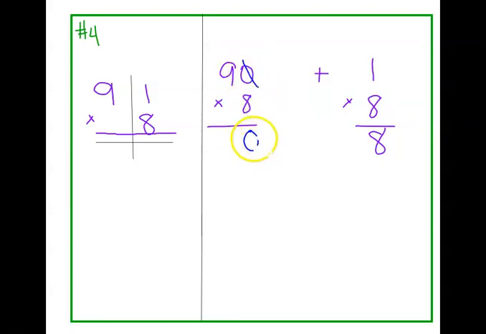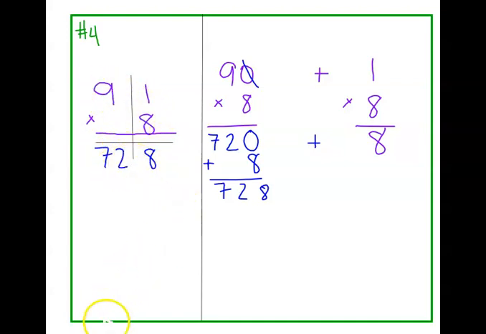Cross it off, drop it off down here. 9 times 8 is 72. Now we just need to add these two things together, and you could probably just do that in your head. 720 plus 8 is 728. Over here, we have 1 times 8. That's 8. We didn't even have to put anything in our notes area. 9 times 8, 72. Same answer.